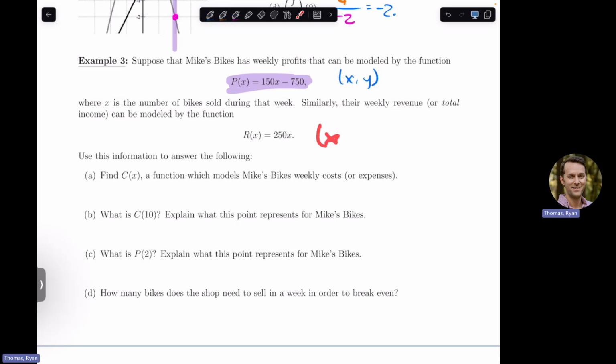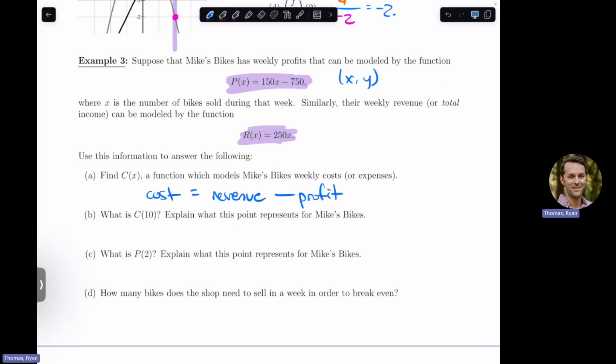So for this one, X values are still the number of bikes they sold. Y values are the total revenue. How would we find cost then? Revenue minus profit.